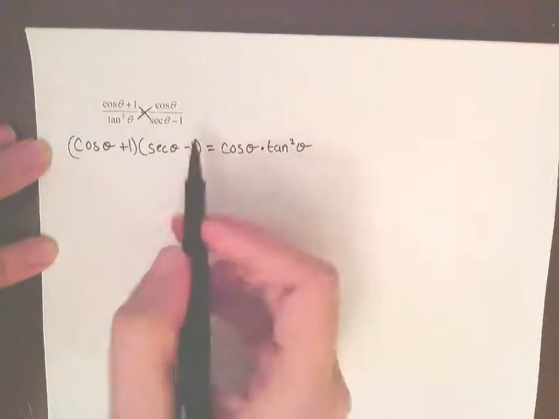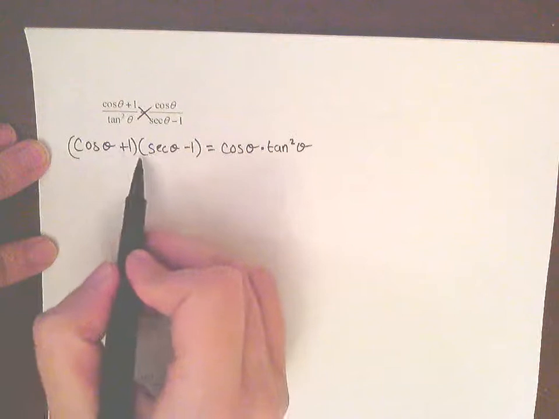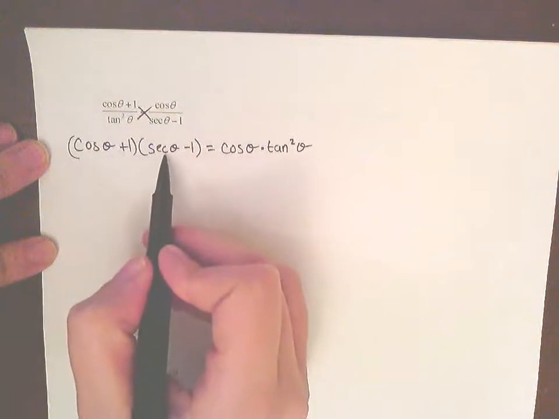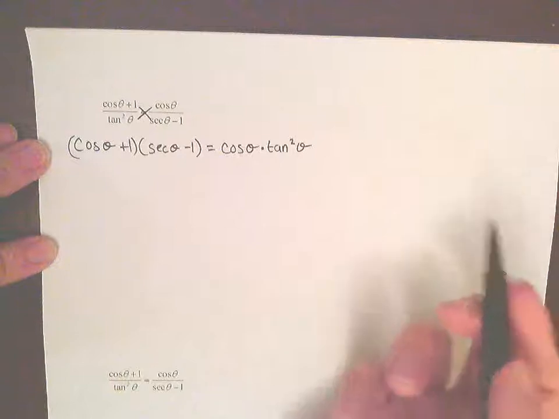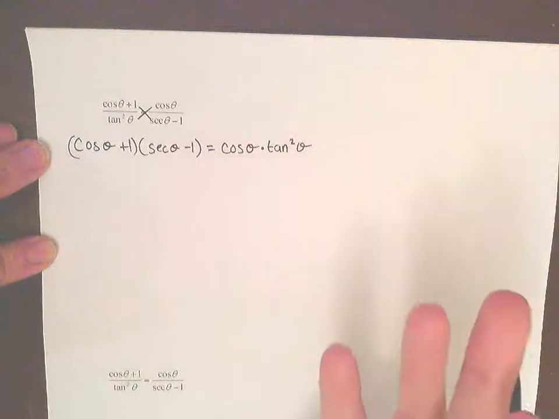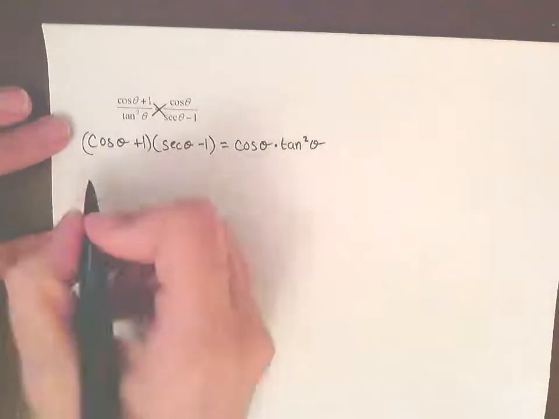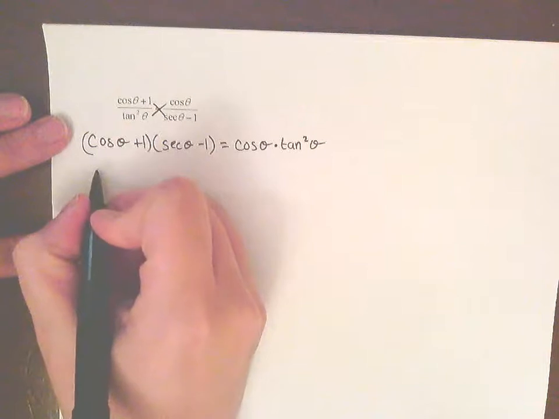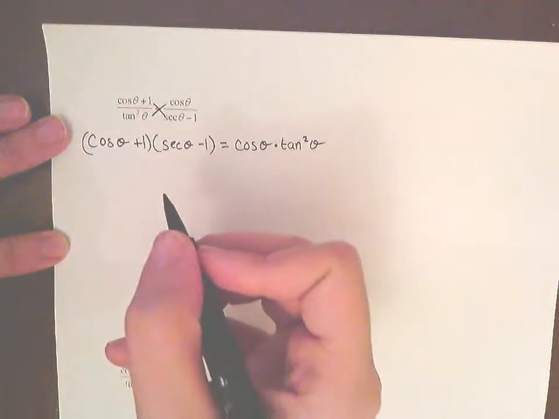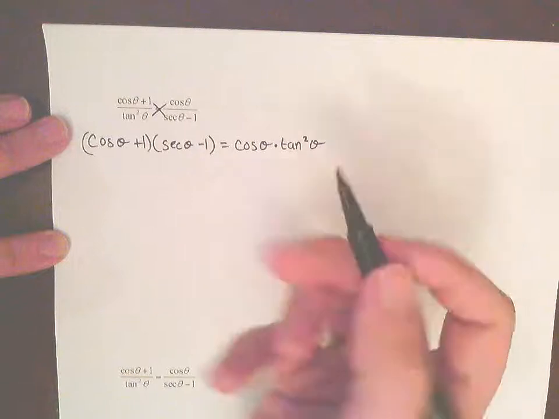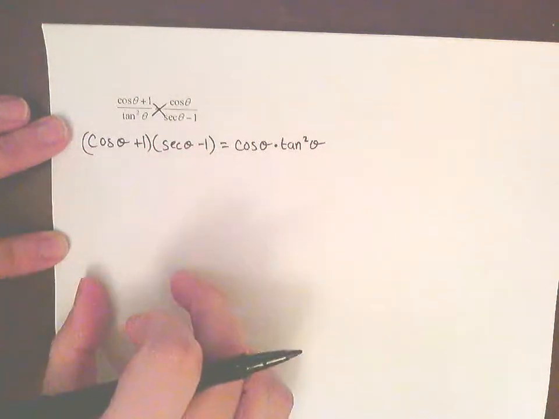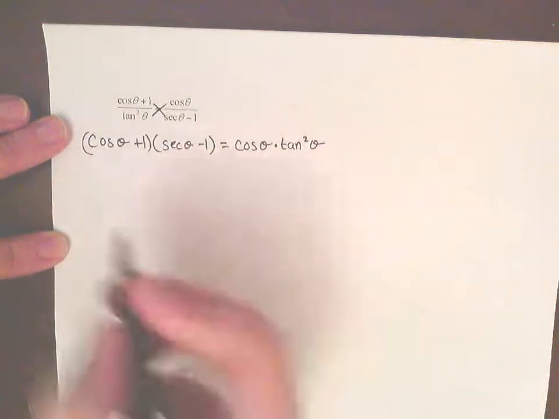Alright, so I'm going to continue. Right now what I want to do is I want to change all of my secants and my tangents down to sine and cosine, because that's really going to be the easiest thing for us to do. So right now I'm not working with one side, I'm going to be working with both sides at the same time, but I can just work with this side first and then continue on with this side.